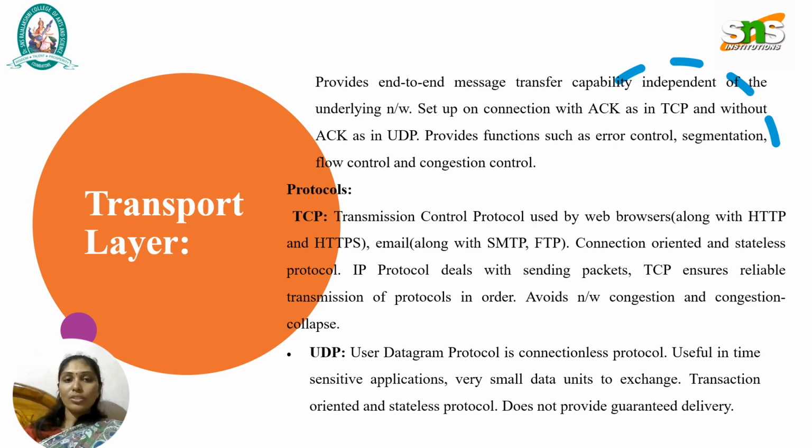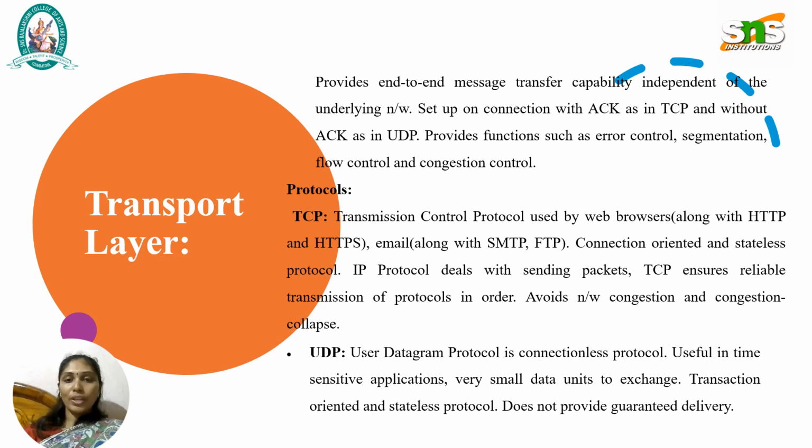The Transmission Control Protocol is used by web browsers along with HTTP and HTTPS. HTTP is Hypertext Transfer Protocol and HTTPS is Hypertext Transfer Protocol Secure. Then emails, along with SMTP and FTP: Simple Mail Transfer Protocol and File Transfer Protocol.